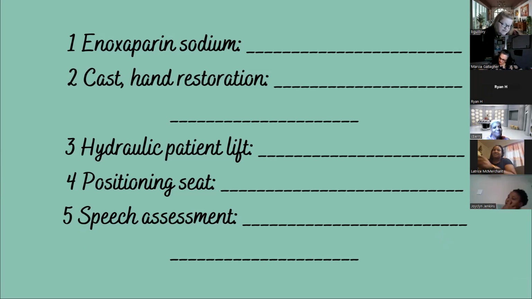Speech. That's the code I also saw. V5362. Okay, so speech assessment. I have V5362 through V5364. Ryan, did you go check those out in the tabular before you made a decision?